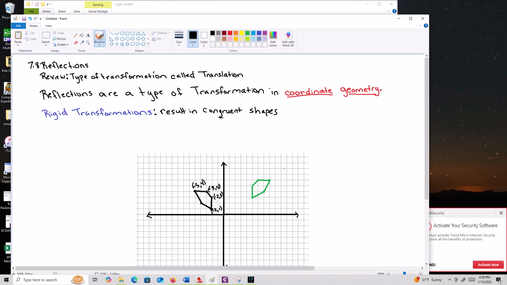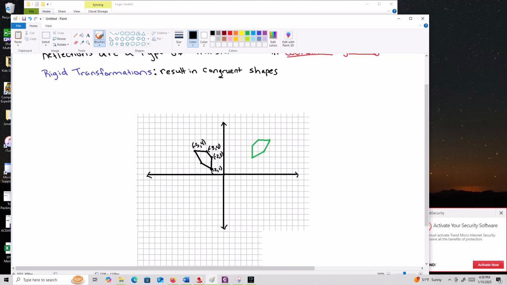So if we are looking at reflections, for the purposes of this book, we are going to use the x-axis or the y-axis as our line of reflection. Remember, a reflection is simply you have this line of reflection and some shape, and you're trying to get this to be the mirror image of that shape.